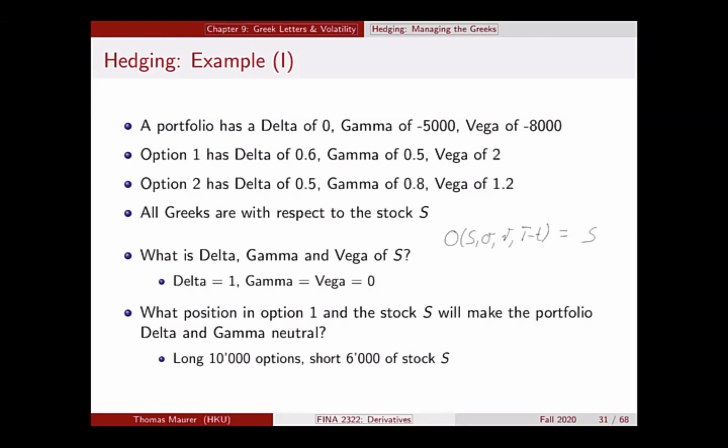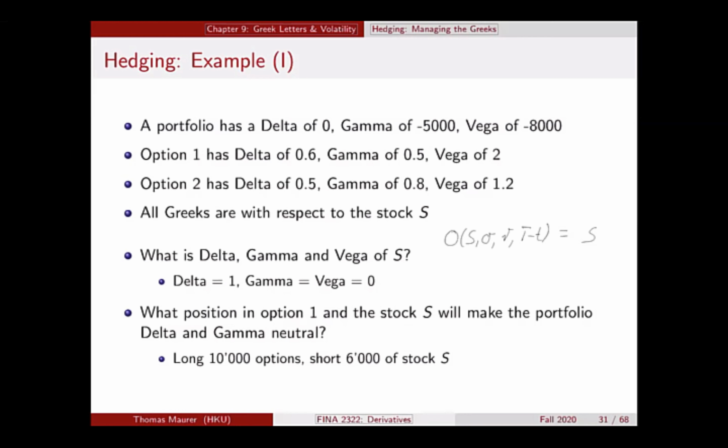If I add 10,000 long positions of option 1 to my portfolio, then I also change my delta. Initially my delta was 0. Now I add 10,000 times 0.6. That means I increase the delta to 6,000. How can I make my delta equal to 0 and not affect gamma?